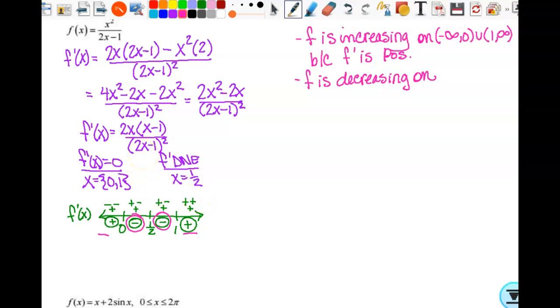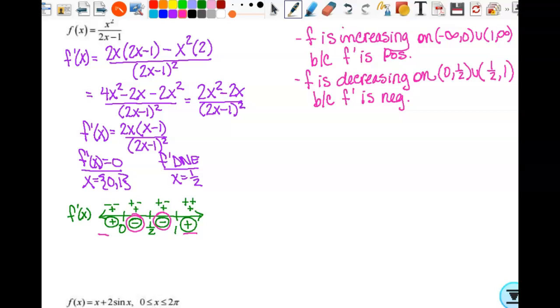So it's not positive, negative, it's not 0 either. So I have to split this up and say from 0 to 1/2, and then 1/2 to 1. Okay? Because f prime is negative. We good so far?